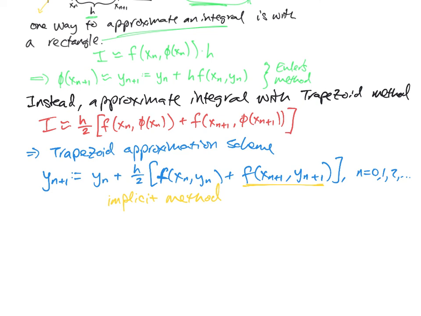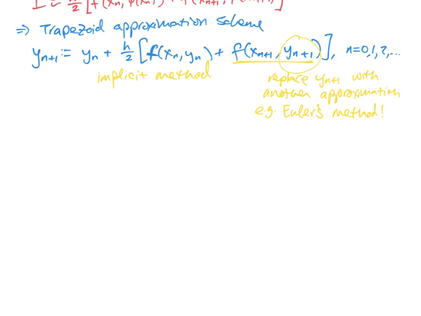Okay, so what we want to do is replace our y_{n+1} with another approximation. And since the only other approximation method we happen to know right now is Euler's method, that's what we'll do. So what does that give us?